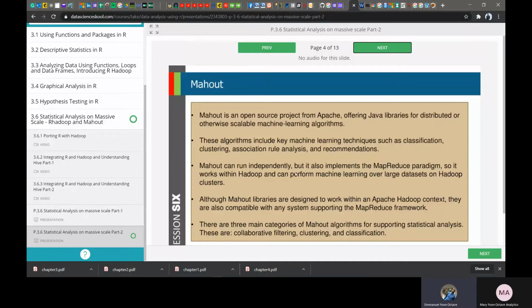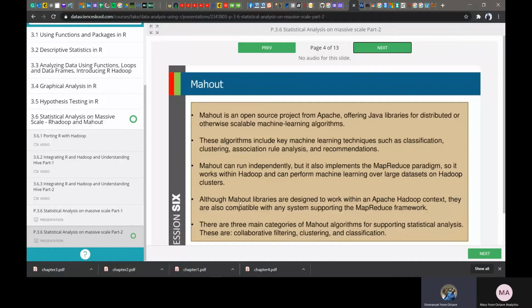So Mahout can run independently, but it also implements the MapReduce paradigm. It works within Hadoop and can perform machine learning over large data sets on a Hadoop cluster. So you can run machine learning programs and build machine learning models on the data sets and see how they cluster.